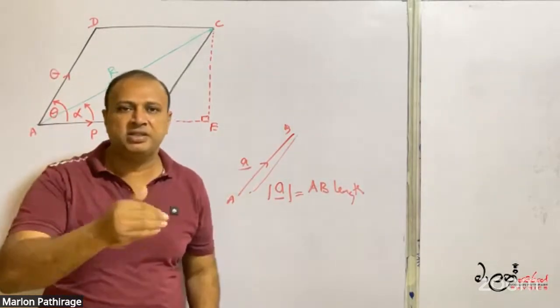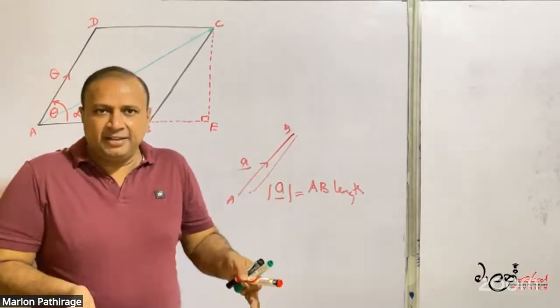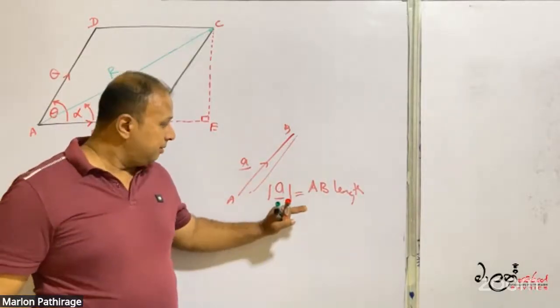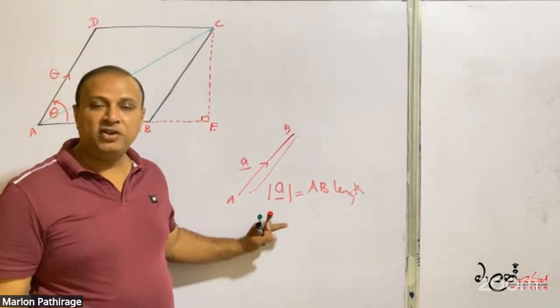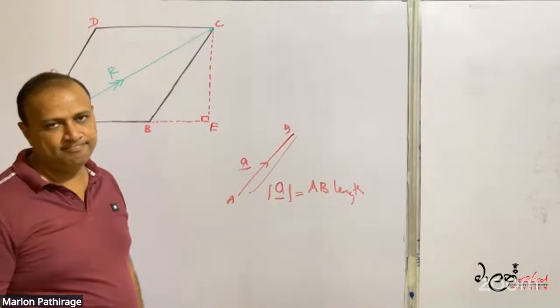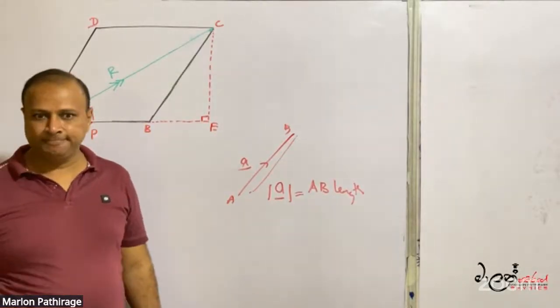If it is represented by a line segment, the length should correspond to the magnitude. Therefore, instead of magnitude, I can represent it by the length. Is that clear? If it is clear, please raise your hand.